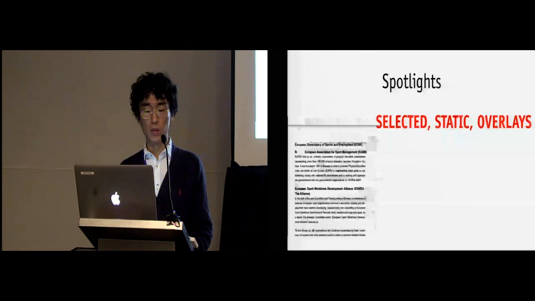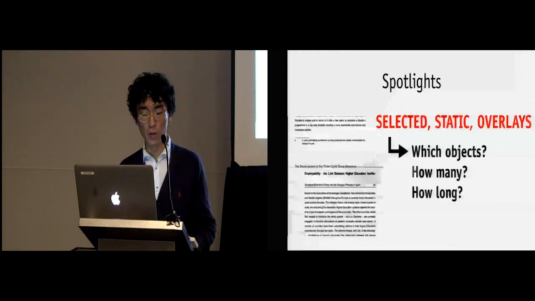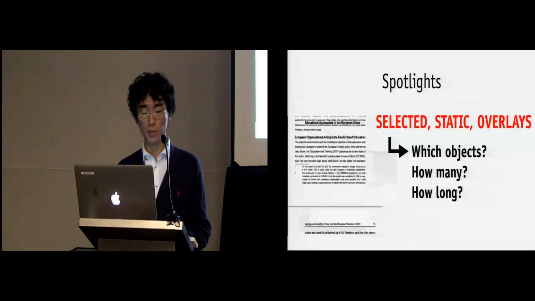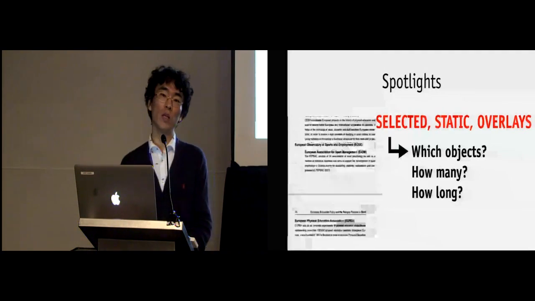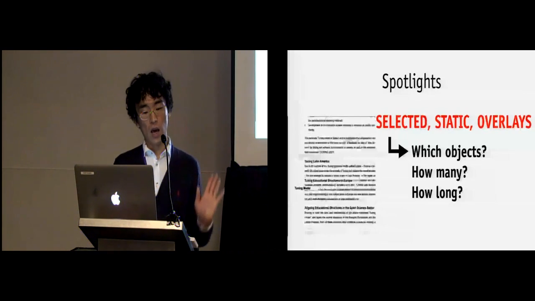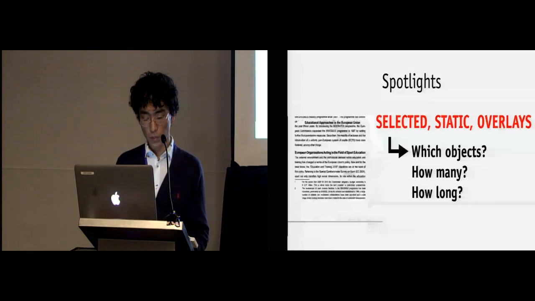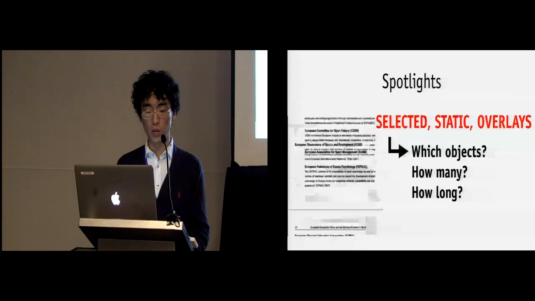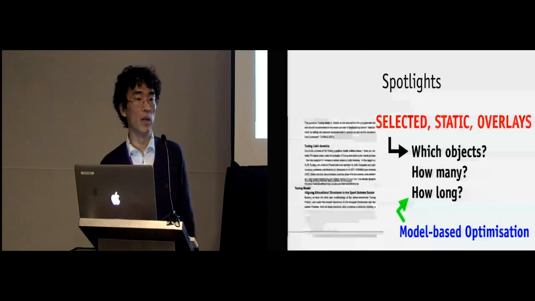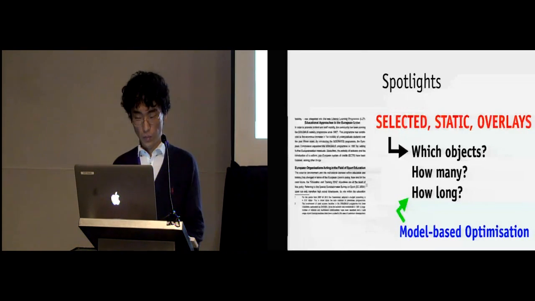But there are still questions that remain here. The first is which objects should be chosen from the previous pages, how many objects we need to choose, and how long they should be extended after the view changes. To answer these questions, the key idea is that we use model-based optimization to solve the problems.